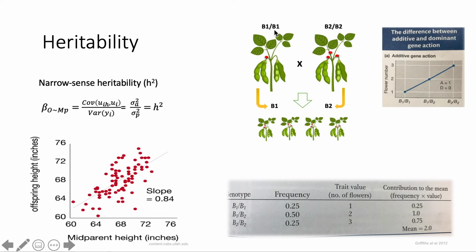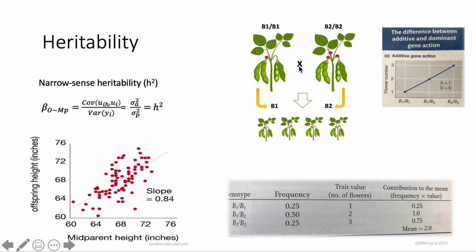So the homozygous B1 can only produce the B1 gamete, and the homozygous B2 just the B2 allele. So that means that all the progeny of that cross is going to be heterozygous and is going to have two flowers. And as you can see, it's easy to predict the phenotypes when the gene action is additive in the population.